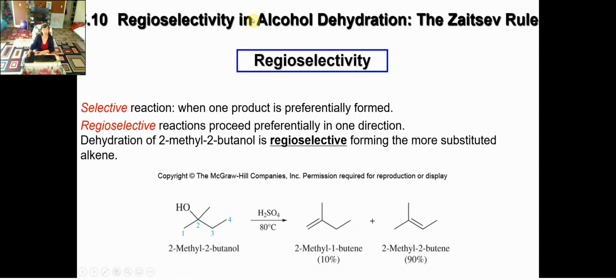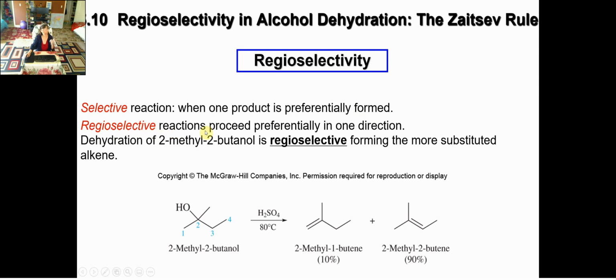So another important point is about the hydration or dehydration, hydrogenation, dehalogenation, etc. All of these different reactions, they are related to regioselectivity. What do you mean by regioselectivity? Selectivity meaning one product is favorable compared with the others. So one product is preferentially formed. You call it selectivity.